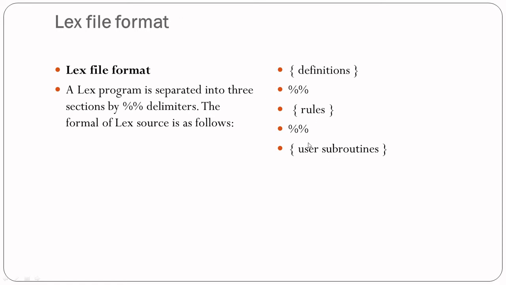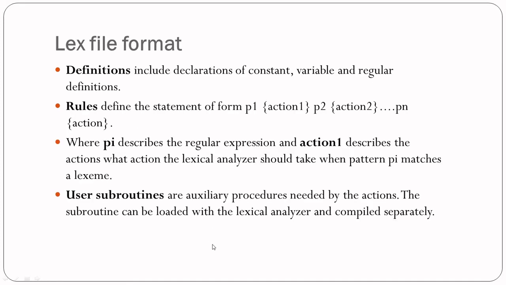These three sections are separated by a percent delimiter. So the Lex specification will be in this form, and you'll write this specification in a file which is saved with a name and the extension .l. So you'll create a file like sample.l or code for c.l; you can give a name with the extension .l.